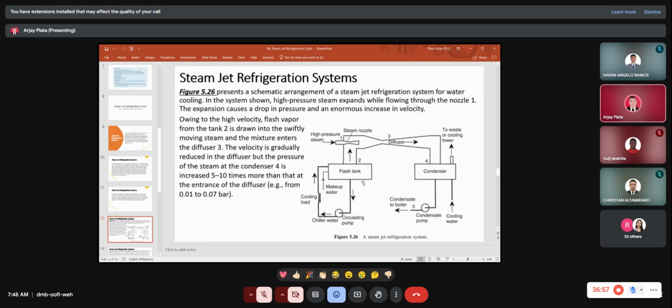Okay. So that's the concept of steam jet refrigeration system. Because of expansion here at the steam jet ejector, there is a sudden pressure drop, and if there's a sudden pressure drop, the boiling point of water decreases. So it will evaporate at below 100 degrees Celsius.